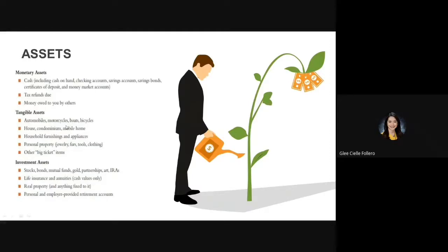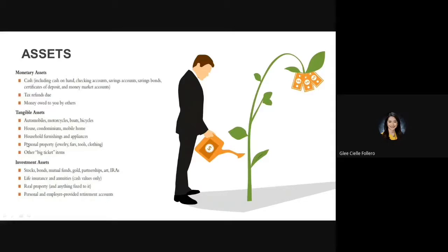So kasama din yun sa monetary assets. And then we have the tangible assets, or your personal property whose primary purpose is to provide maintenance of one's everyday lifestyle. Dito pala class, sa monetary assets, yung primary purpose nito are for maintenance of your everyday living expenses. Yung mga pang-emergencies mo and pang-bayad ng bills. So under yon sa monetary assets.